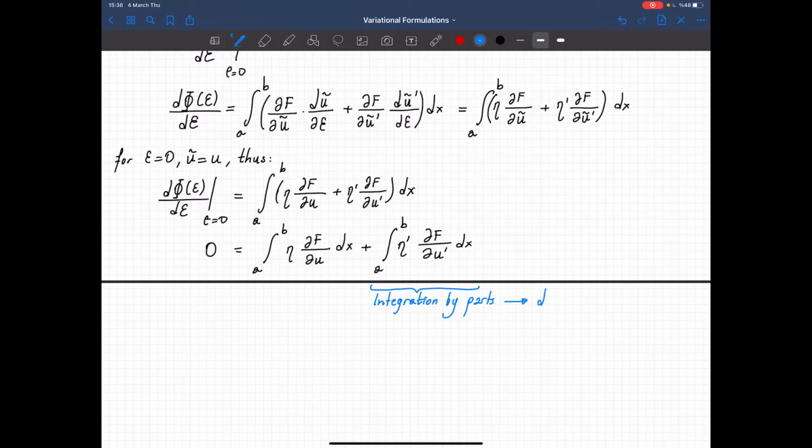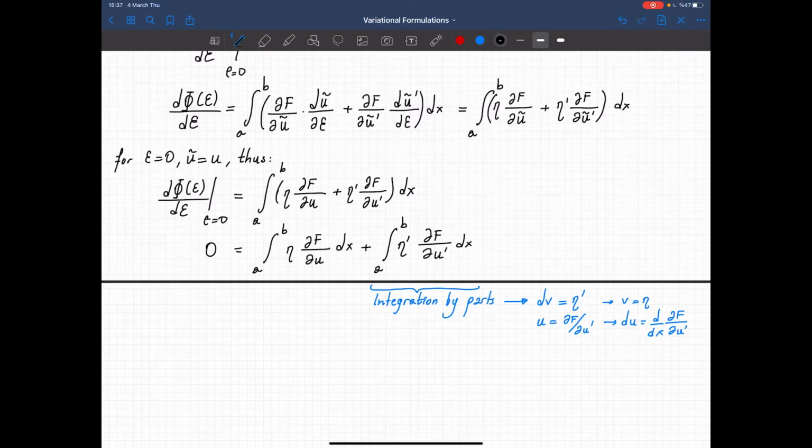So I'm just choosing dv as equal to nu prime, which gives me v as equal to nu, and I choose u as equal to del f over del u prime. Then du will be equal to d over dx del f over del u prime.